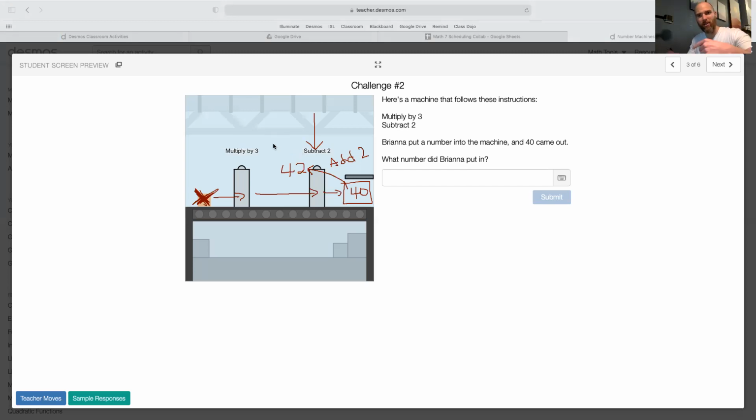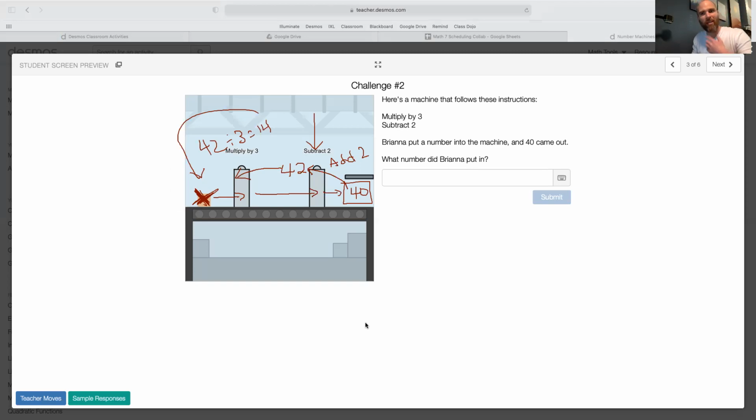The machine subtracted 2, so to undo it, I'm adding 2. I'm going to do the same thing to this stage. The machine took some number and multiplied it by 3 to create that 42. So let me undo it. I'm going to divide by 3. That equals 14. So I'm pretty sure that this unknown x input was 14.